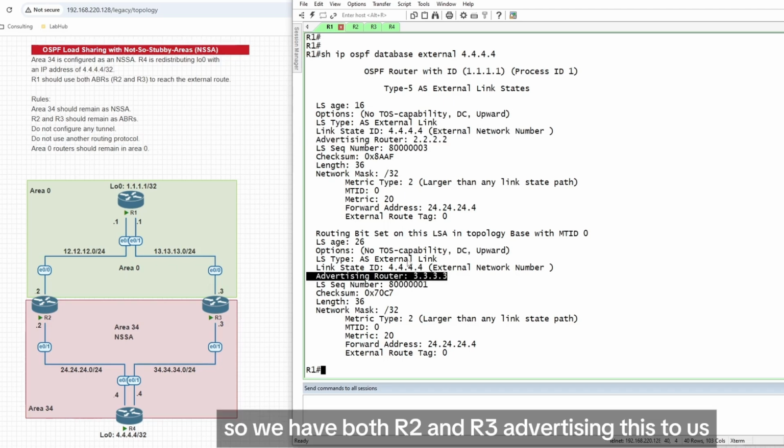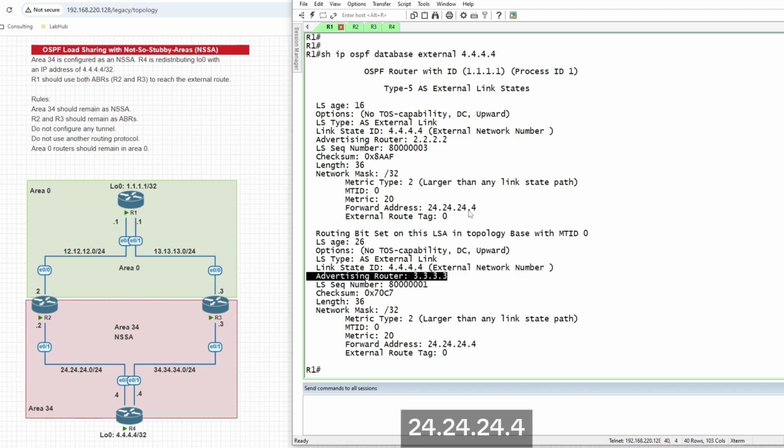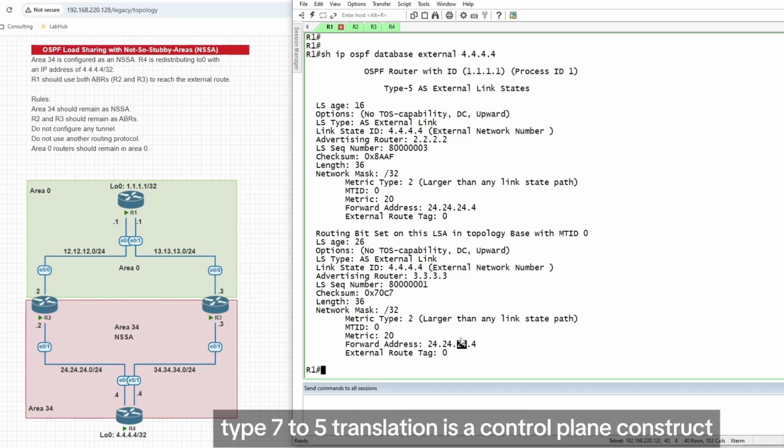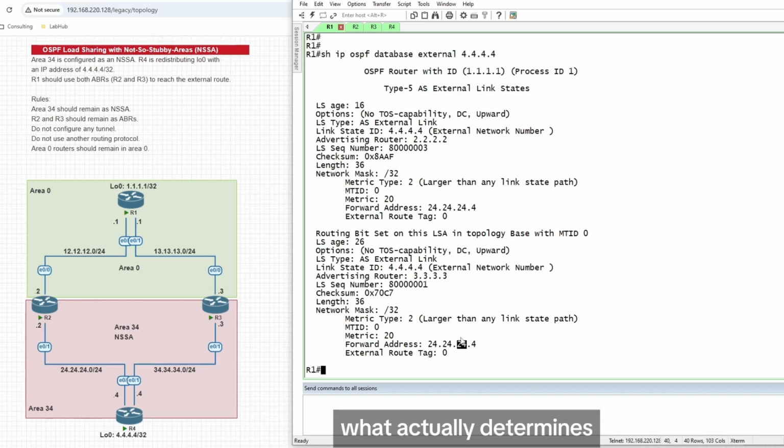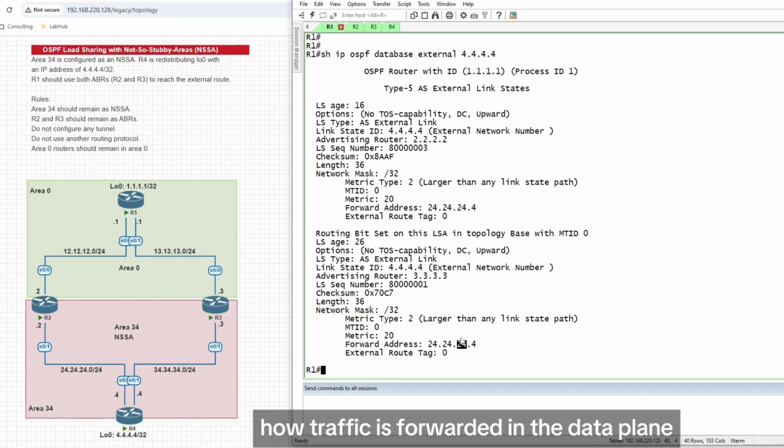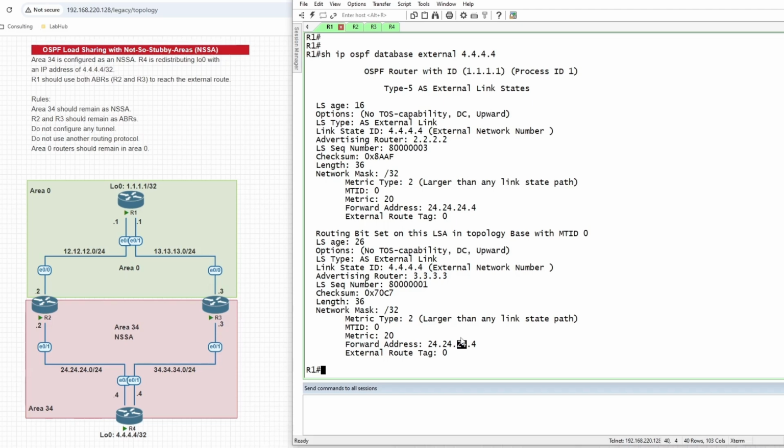So you have both R2 and R3 advertising this to us. But both of them have the forwarding address as 24.24.24.4. Then again, recall, type 7 to 5 translation is a control plane construct. What actually determines how traffic is forwarded in the data plane is the forwarding address.